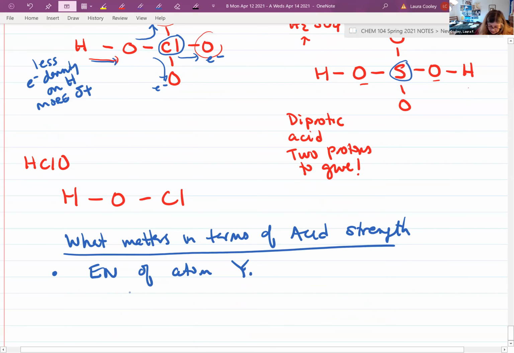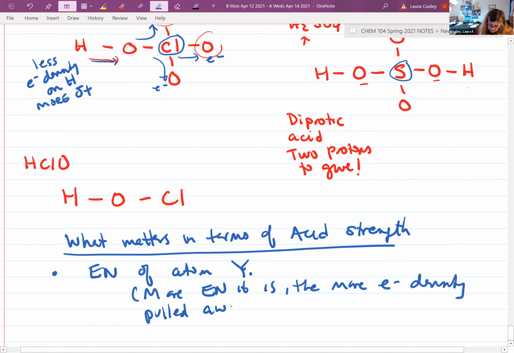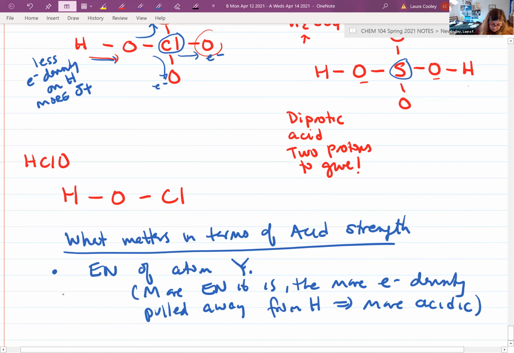The more electronegative it is, the more electron density it pulls away from hydrogen, and the more acidic the acid will be.